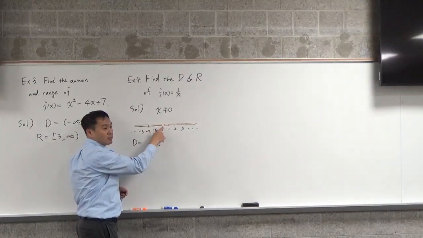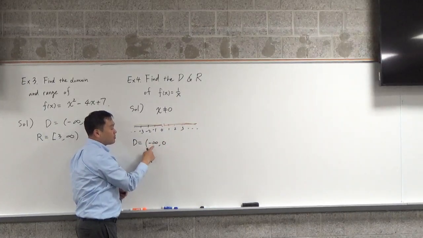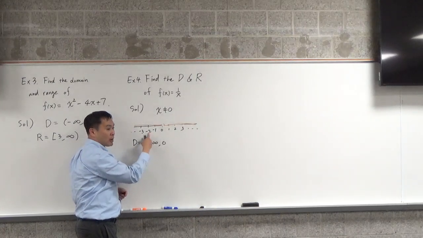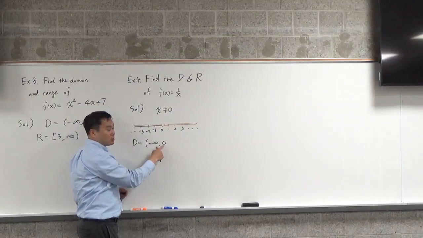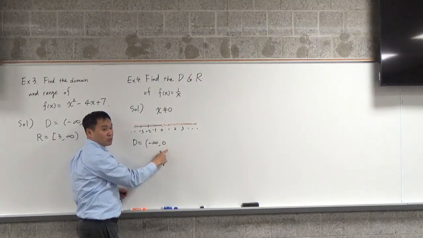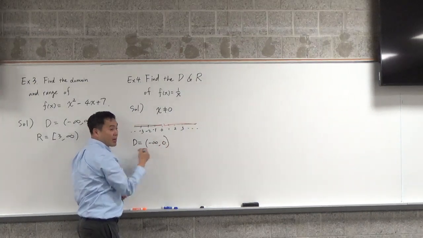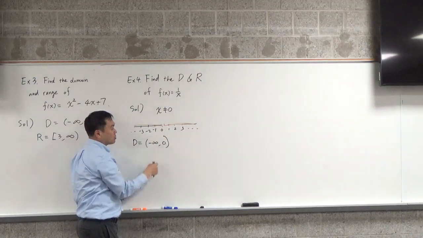And where does it end? 0. And for negative infinity or positive infinity, you always put the round bracket. And because 0 is not included, what kind of bracket do we use? The round bracket. It's not included. So that's what we use, because 0 itself is not included.